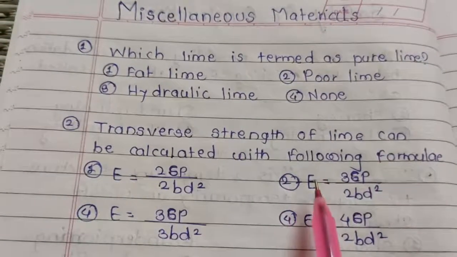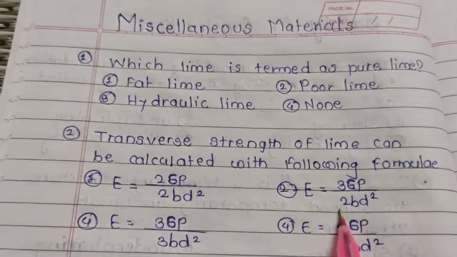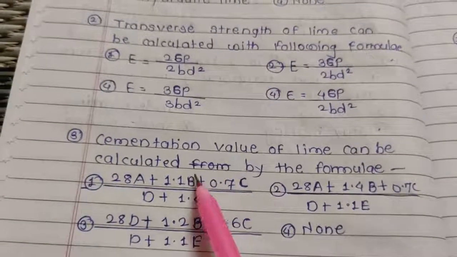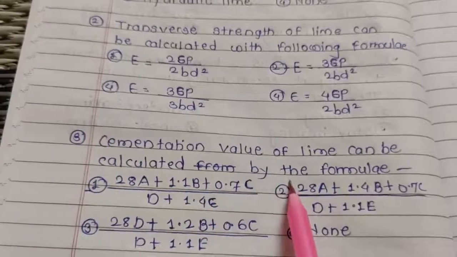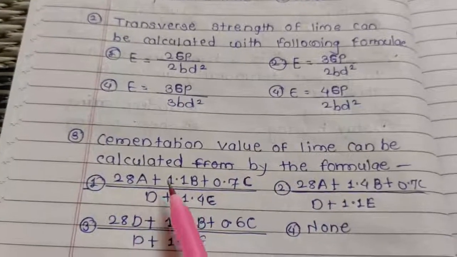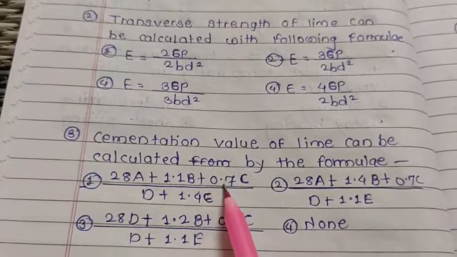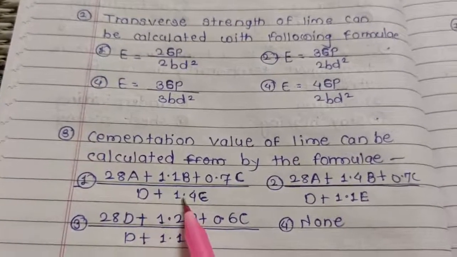Answer is E is equal to 3SP upon 2BD square. Cementation value of a lime can be calculated by the formula 28A plus 1.1B plus 0.7C upon D plus 1.4E.